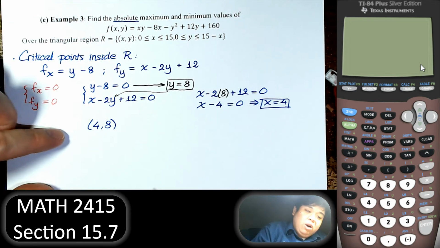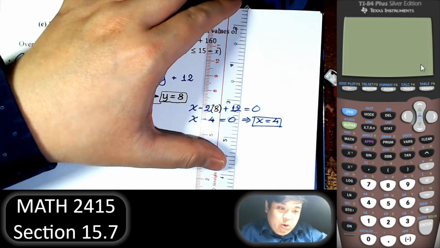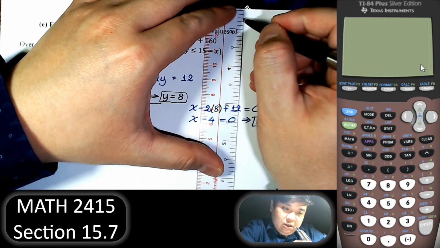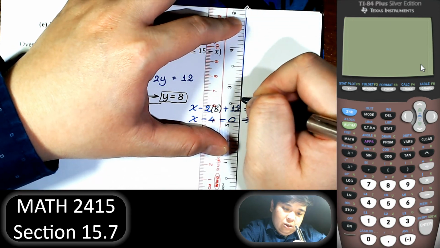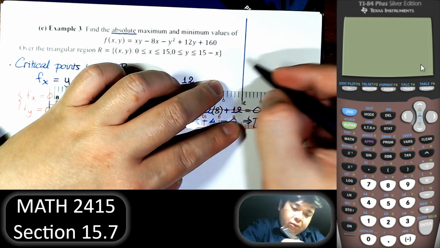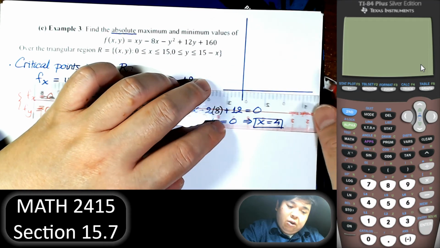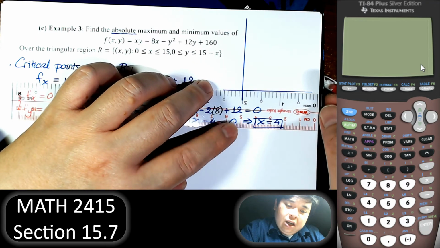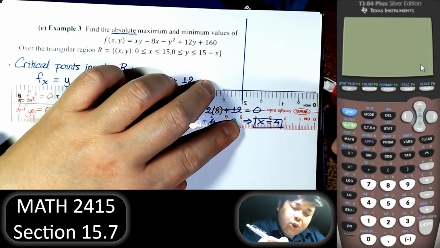Now, is the point (4, 8) inside R? We need to determine that. So I will write R. Alright, let's do this. There's about 2 inches there.